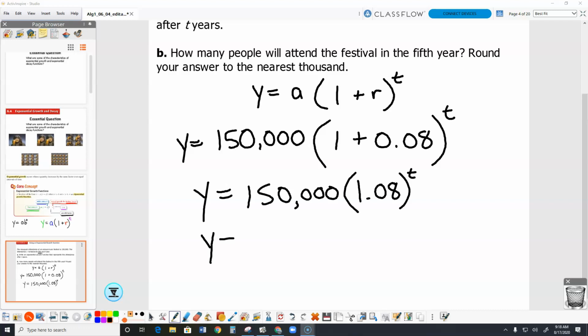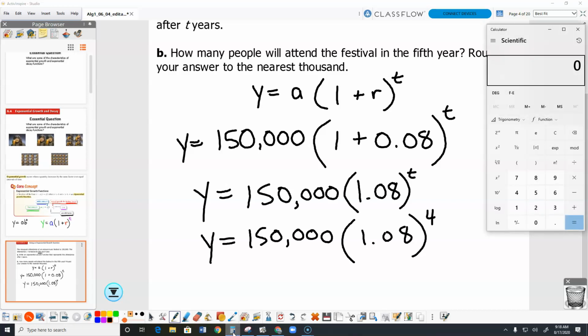So let's write y is equal to 150,000 times 1.08, and we're going to put a 4 there. All right, so now we just need to take out a handy-dandy calculator and plug in our numbers.